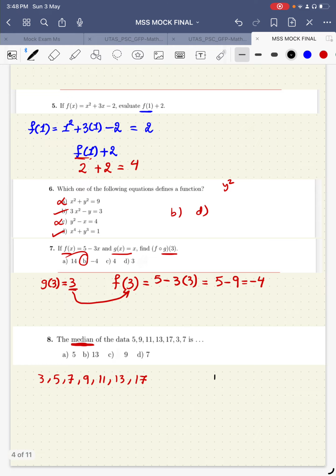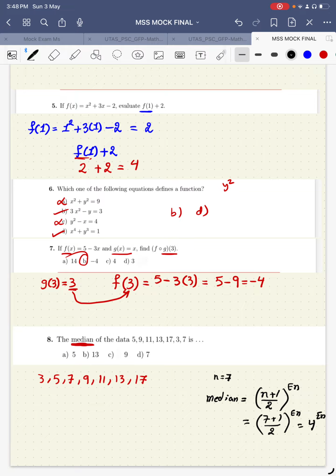So n equals 7. In that case, the median equals the (n plus 1) over 2 entry. So I have 7 plus 1 over 2 entry, which is the 4th entry.